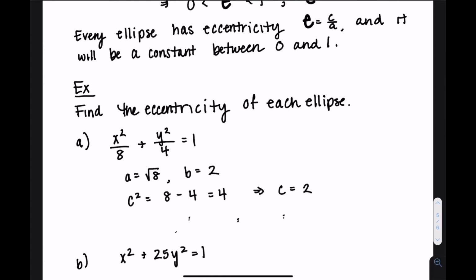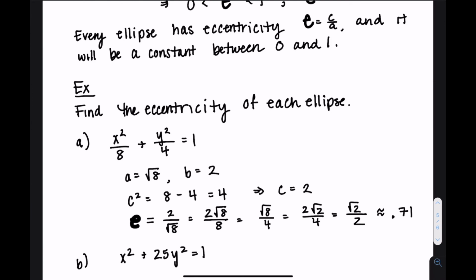So now I get that c is equal to 2. So our eccentricity E is going to be c over a, which is 2 over root 8. And if you go through actually rationalizing this, you'll see it's root 2 over 2. But if you plug it into your calculator, it's about 0.71. So again, a number between 0 and 1. So that would tell you this ellipse is kind of oblong and it's not circular in shape. It's not very round. It's more flat.